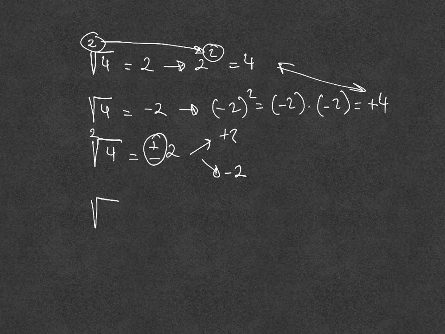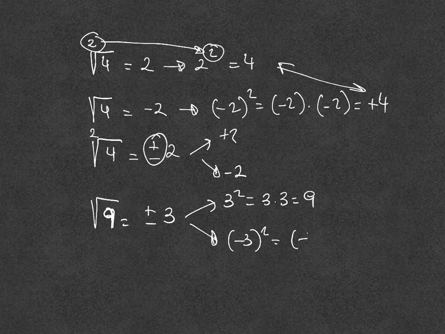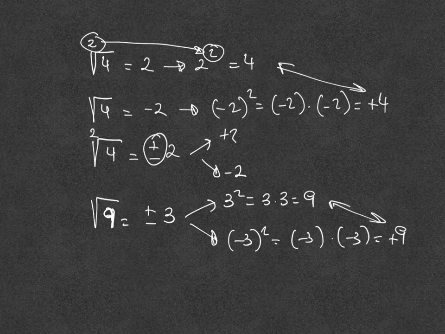The same thing, for example, with the square root of 9. It is plus minus 3, because 3 to the second is 3 times 3, which is 9, and minus 3 to the second is minus 3 times minus 3. 3 times 3 is 9, and minus times minus is plus, so we get the same result.